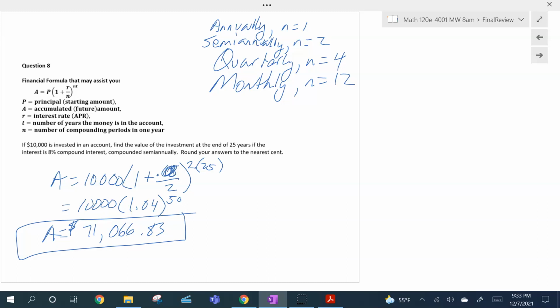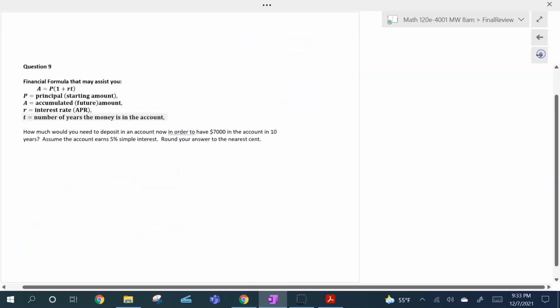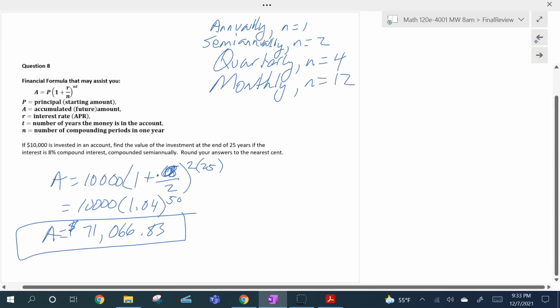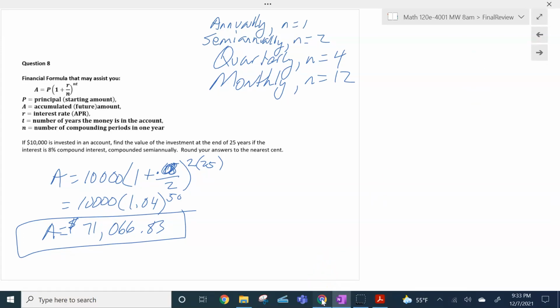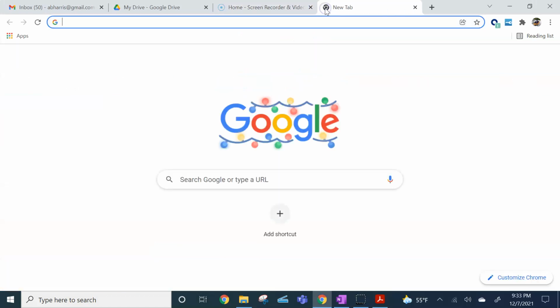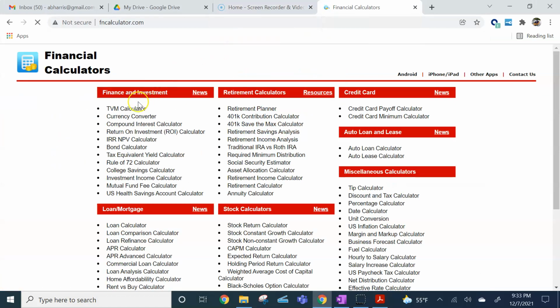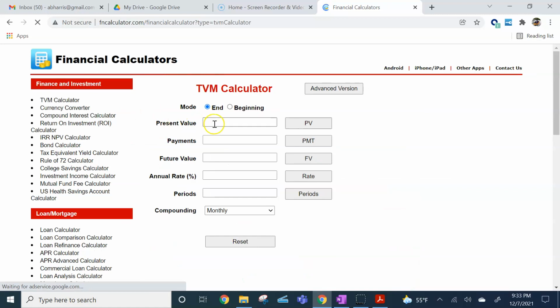You could also do it with your financial calculator if you wanted to. We'll do some financial calculators here. Well, let's talk about if we did that with the financial calculator. Time value of money calculator.